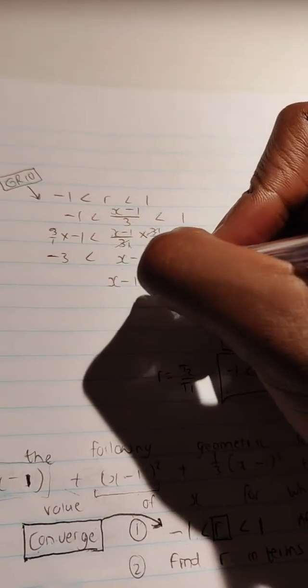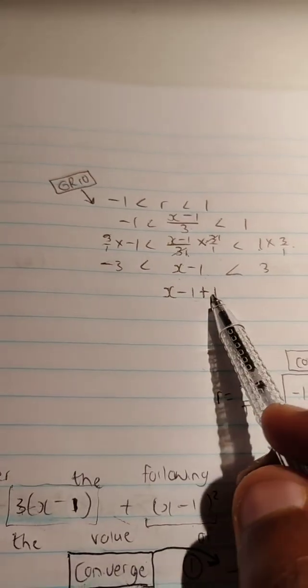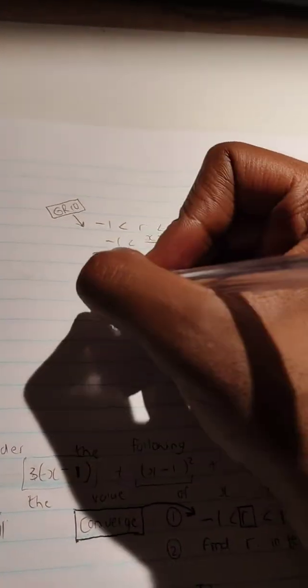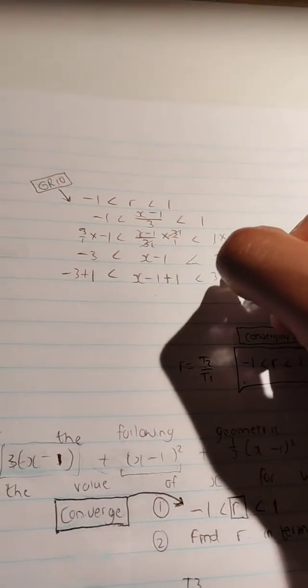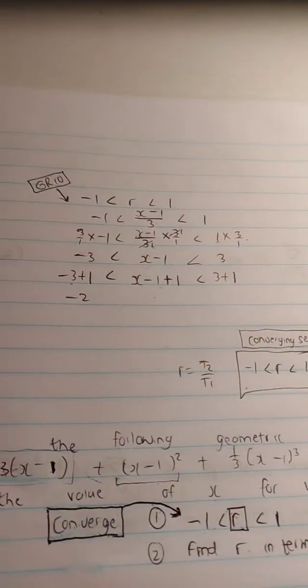You add 1 to get rid of this negative 1. But remember, if you added 1 in the middle, what do you do on the left? You add 1. What do you do on the right? You add 1. Then what do you get as your answer? What's negative 3 plus 1? Negative 2. What do you get in the middle?